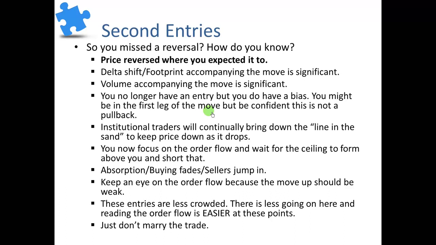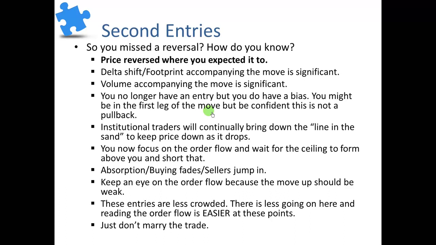So how do you know that the last counter trend move was a reversal and not a pullback? I think this is one of the things that you can take away today. You'll find this very useful. Here are the things that will tell you if that was a reversal or a pullback. First, the move occurred in an area where you actually expected a major reversal.